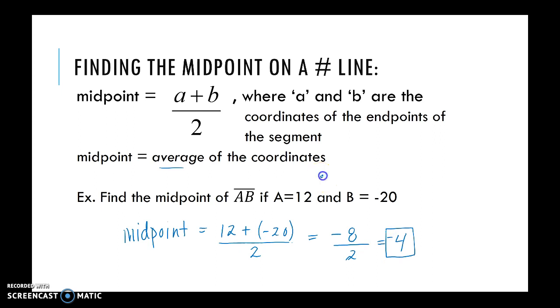So recall the difference when we're on a number line. Here's B at negative 20 on the number line. A would be at 12 on the number line. So the midpoint, if we put 0 here, would still be in the negative region. Okay? So there's my midpoint.